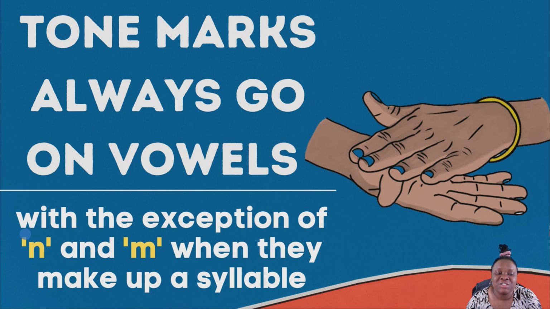Now, in the event that it is just ni or mi in that syllable, they stop being ni. You don't pronounce them as if they are individual letters. You pronounce them differently, and this is more commonly seen. If I put tone marks on it, it's for a reason.